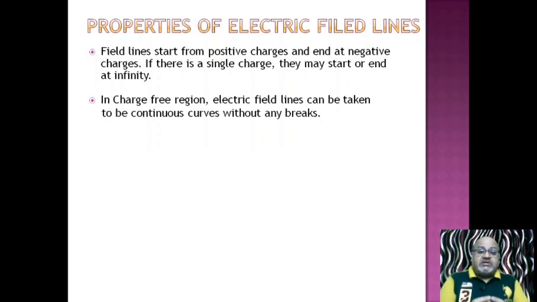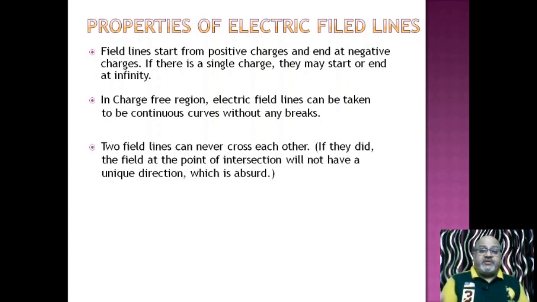It means electric field lines are continuous curves. They do not break in between their journey. If they start from positive, they are bound to terminate at negative. They will not stop somewhere in between, or break and then start again. No, they are continuous curves. It means at each and every point there is an electric field surrounding the source charge or system of charges.